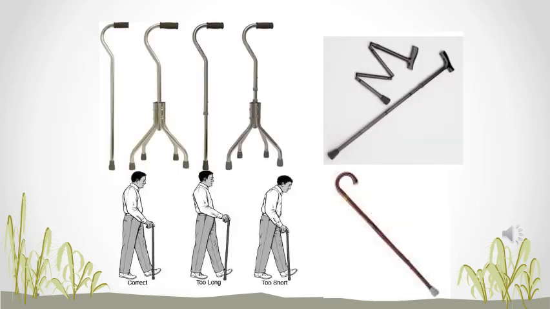Can you name the various canes in this PowerPoint slide? Who can tell me where the standard cane you can't adjust is? Yes, it's on the bottom right side. And where's the quadrupod cane? Can you pick it out? Yes, of course, it's at the top left with the 4 legs.